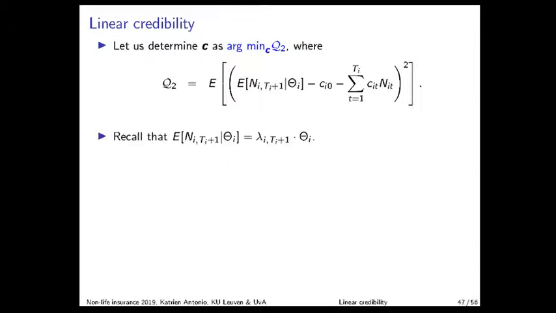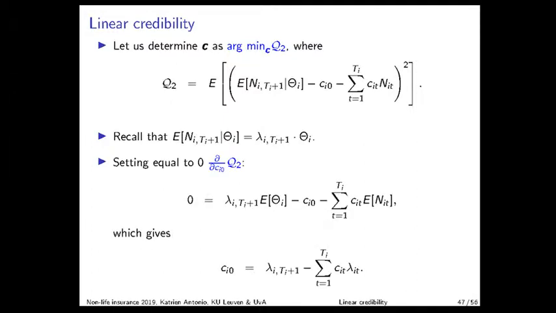In this expression, we replace the conditional expectation of N_i,t_i+1 given theta i with the product of the prior mean, lambda_i,t_i+1, and the random risk variable theta i. To find the intercept c_i0, we take the derivative of Q2 with respect to c_i0 and we put this derivative equal to 0. This leads us to the following equality, from which our expression for c_i0 results.